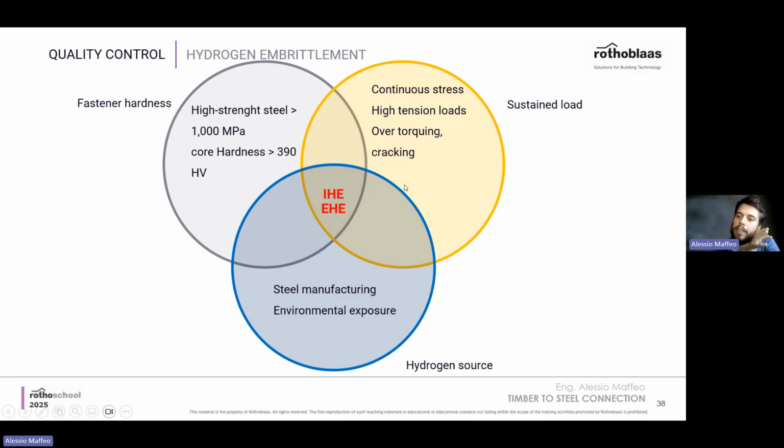In the initial part today, we saw these four voices, right? The continuous stress, the overtorquing, the bad installation. Today we're not covering the part about the core hardness. Anyway, when we have a failure due to these reasons, it means that it's a combination of all of these factors.